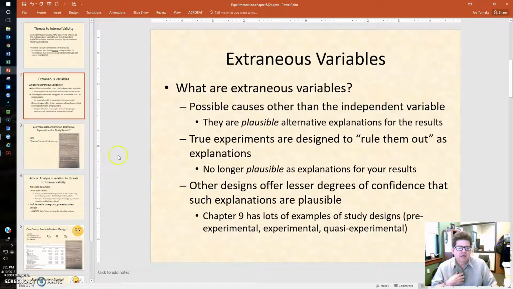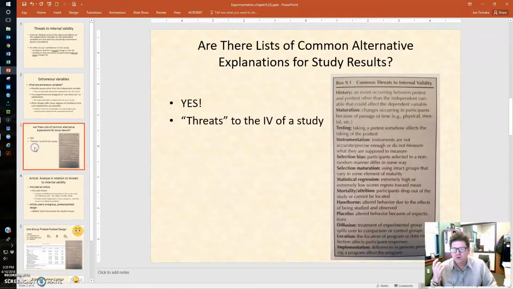So this concept of extraneous variables is perhaps not clear at this stage, kind of vague. The question is, are there lists of common alternative explanations for study results? And the answer is yes.